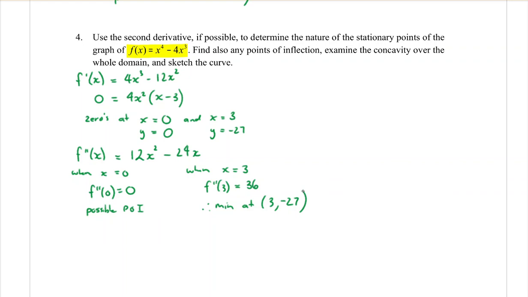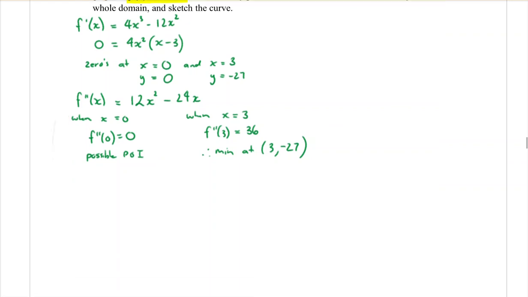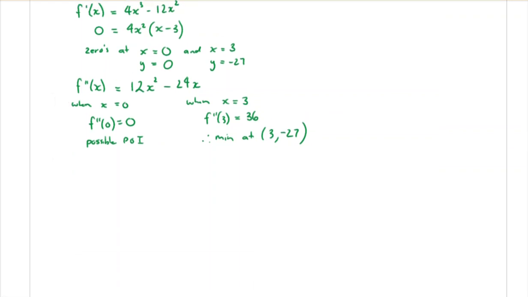Okay, so there's our stationary points done with our new method of the second derivative, but we have to do more than that. We are also asked to find points of inflection and look at the concavity part of this as well. So moving on. The second derivative, we've already found it, but if I'm looking for points of inflection now, what do I have to do?